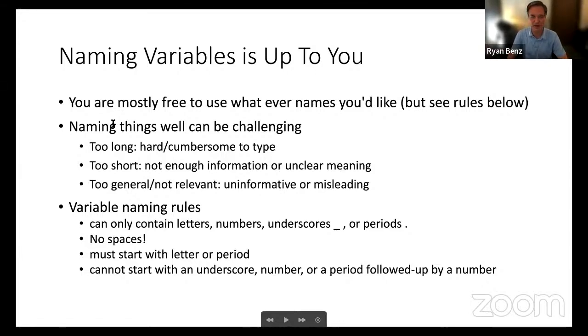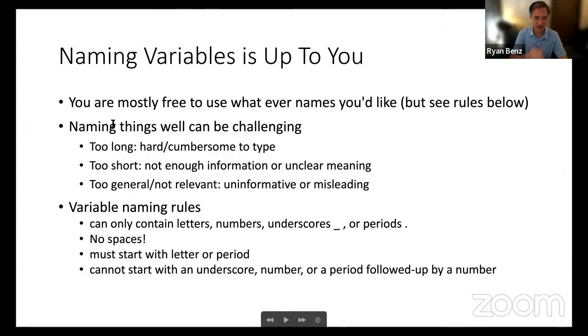That being said, if your variable name is too short, it may not be informative, or the meaning may be unclear, so that's not as useful. Another thing is if your variable is too general. I'm using myvar just as an example here because I don't have a specific context, but that is probably a bad variable name in general, something I wouldn't recommend using for your analysis. You should use more descriptive variable names. It'll just help you in your code.